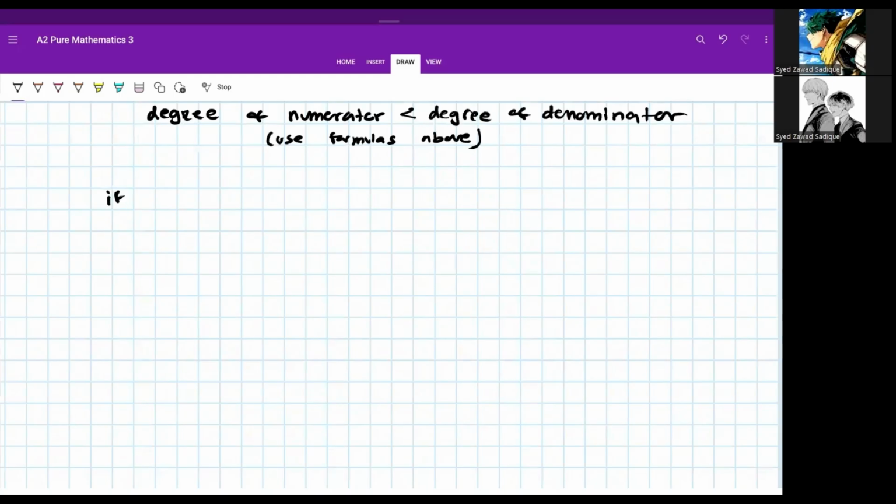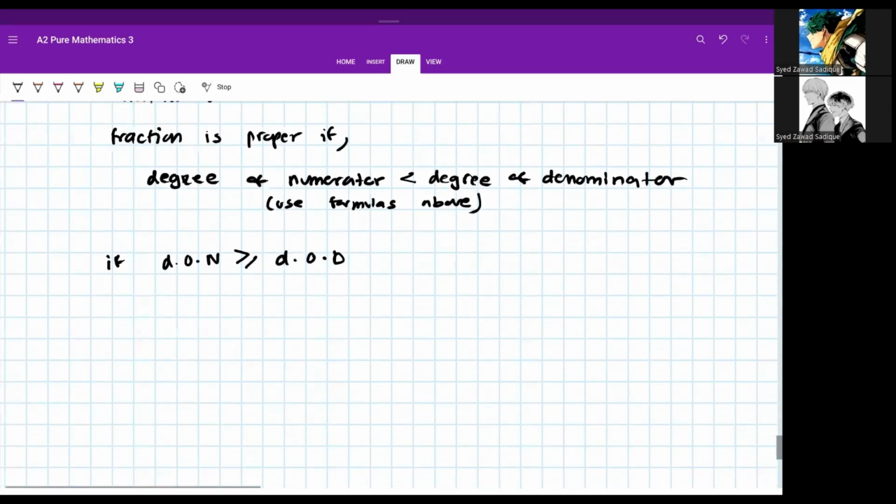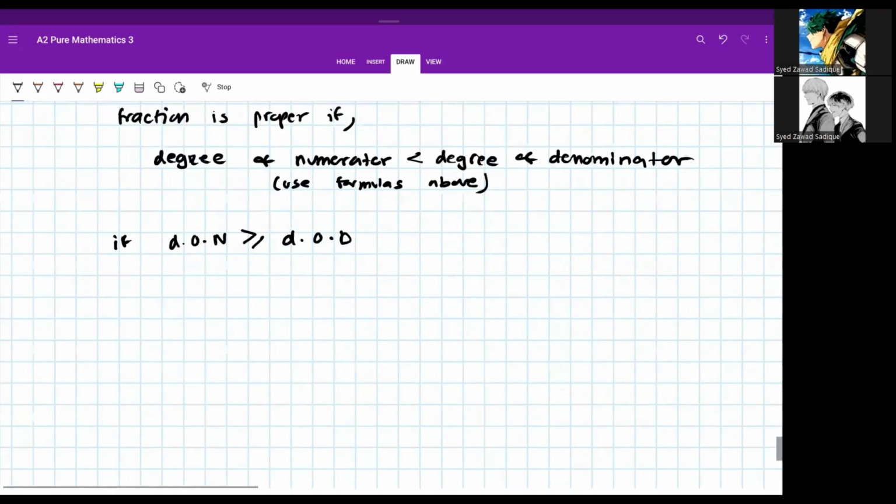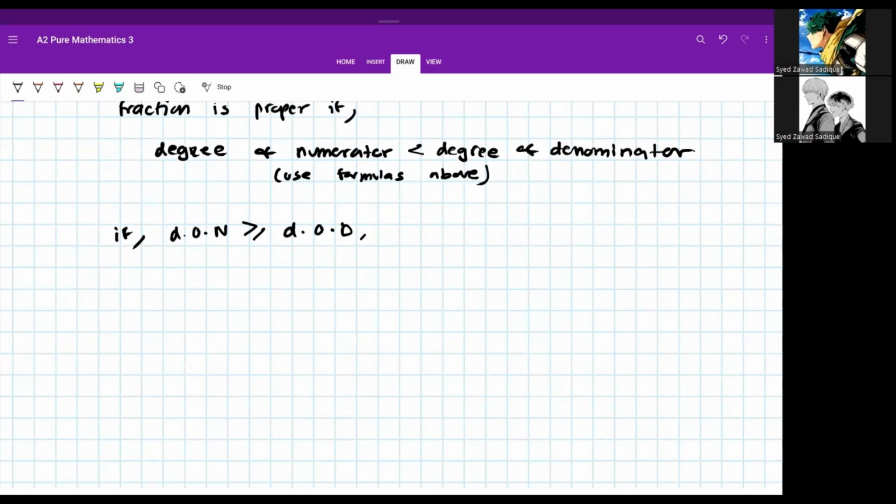If the degree of the numerator is greater than or equal to the degree of the denominator, the fraction is improper.